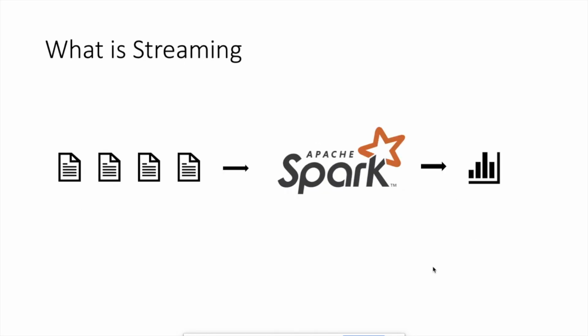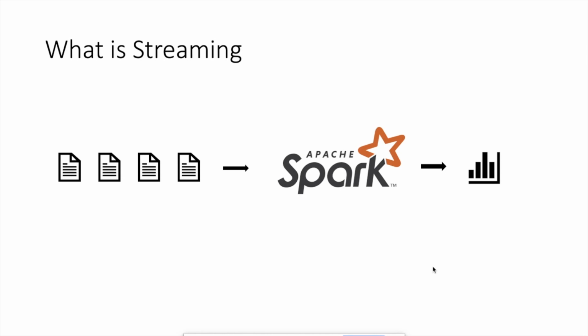Now, if we compare it with streaming, the whole data that you get in a single file, you can imagine that in streaming, you will get that data in small pieces throughout the day. So you will have a continuous input of small data, which Apache Spark has to process. Spark has to keep finding out whether new data is there or not.